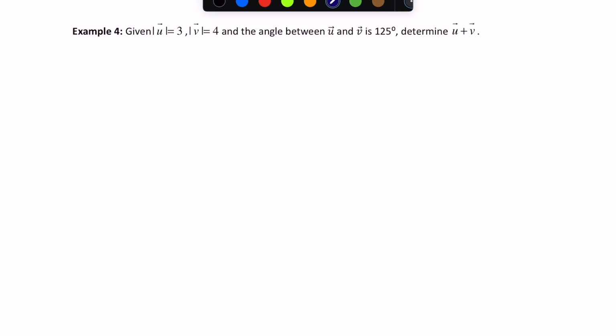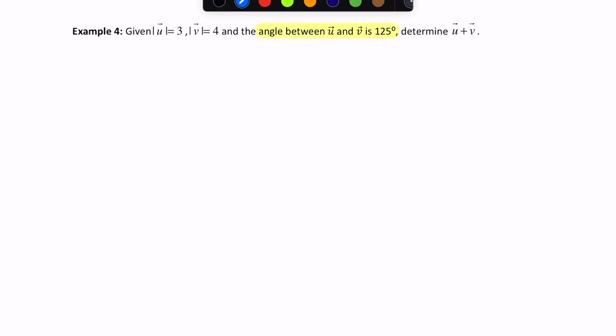Okay, in example 4, it says given vector u is equal to 3 and vector v is equal to 4, and the angle between vector u and v is 125 degrees, determine u plus v. So here, again, it gives us the angle between u and v is 125.